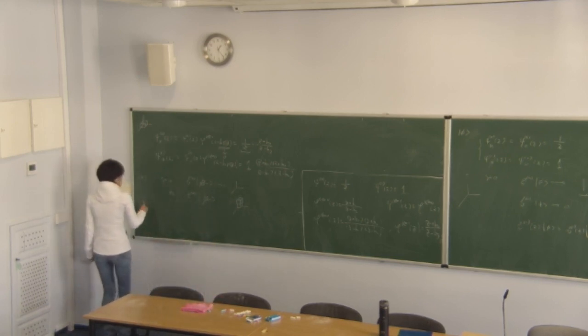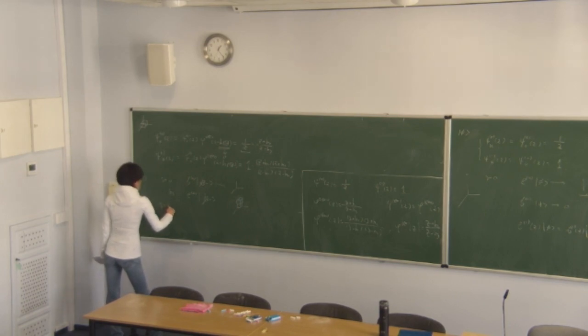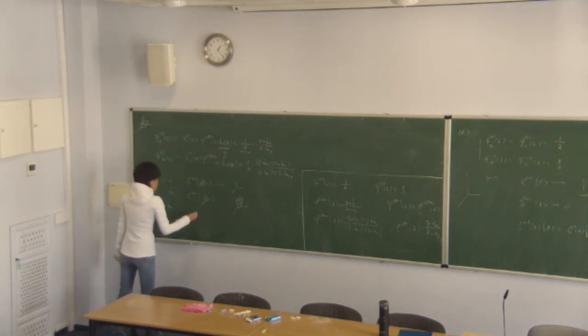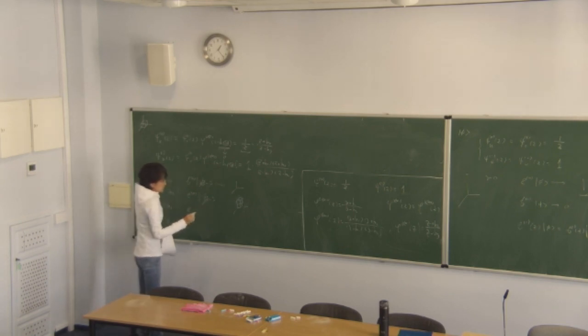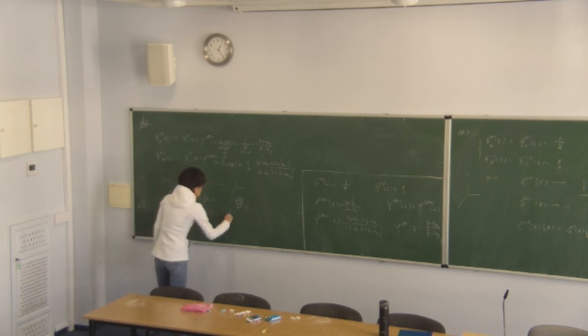Okay, so now for the color 1, we have 2 poles here. This will correspond to the 2 places where you can add an atom of color 1. So there are 2.